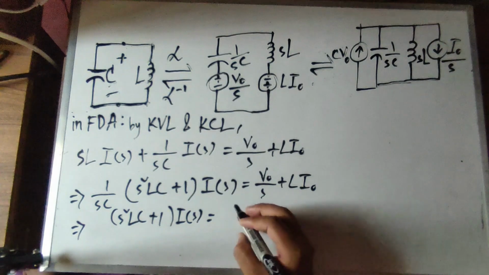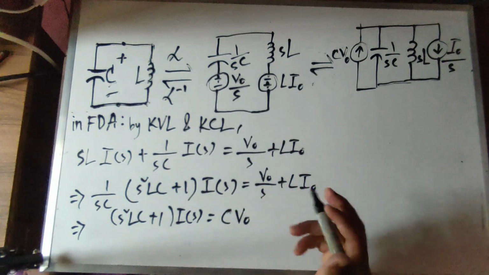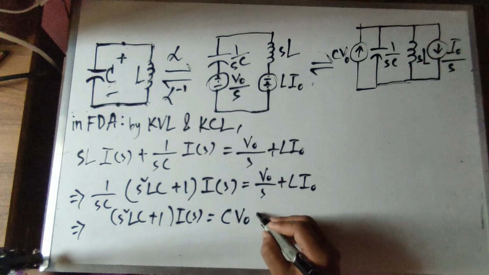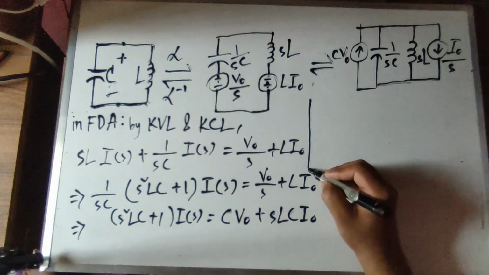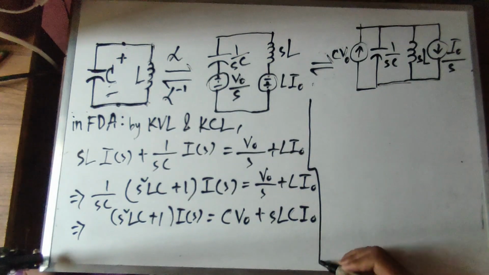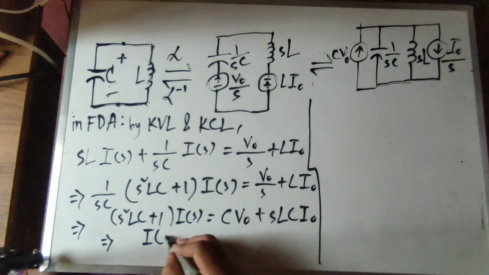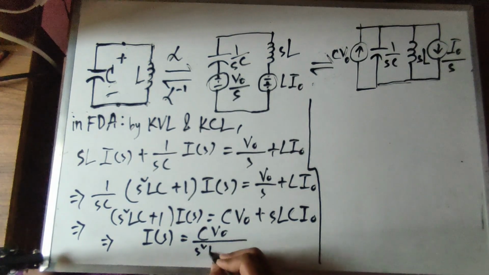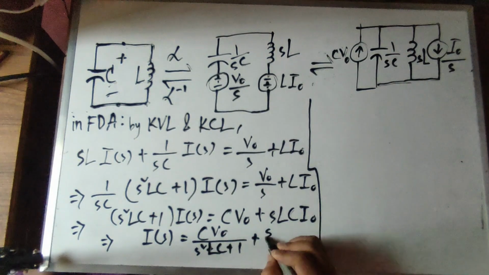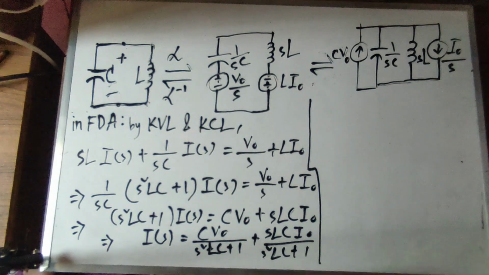So C V0, we have taken this to the right side, plus s L C I0. Let me write it here: I(s) equals C V0 by (s squared LC plus 1) plus s L C I0 by (s squared LC plus 1).